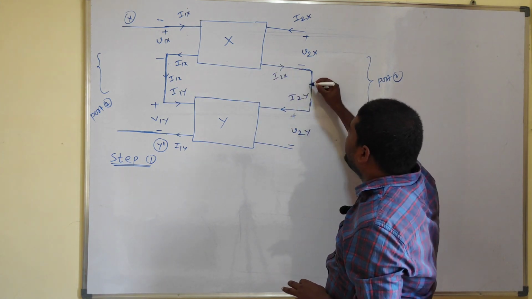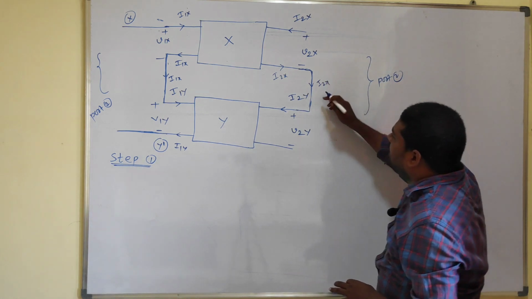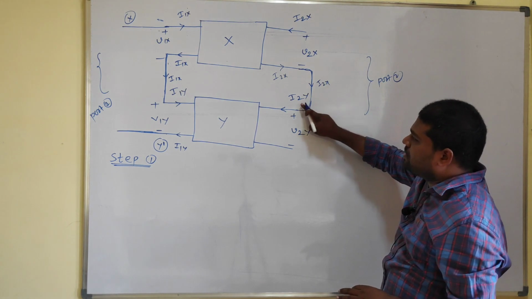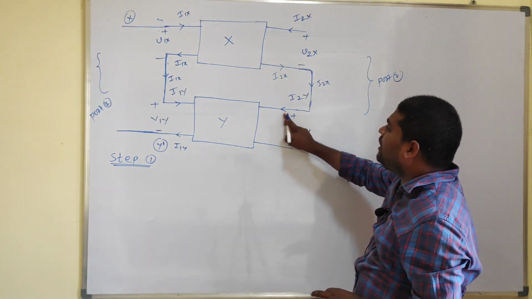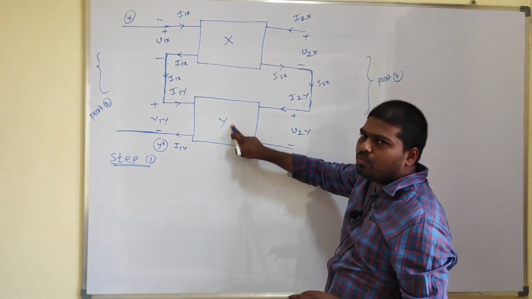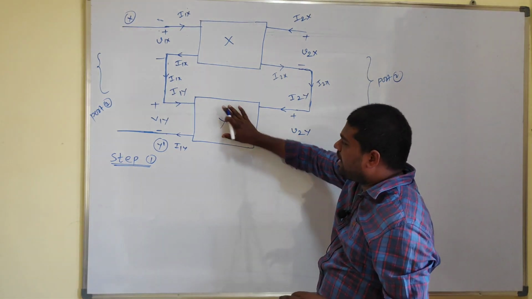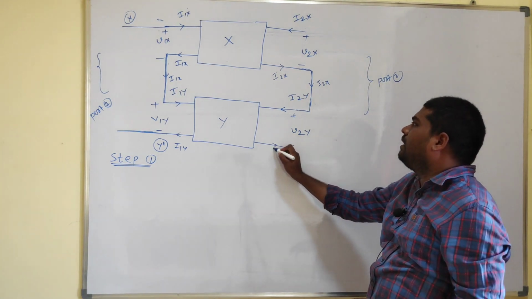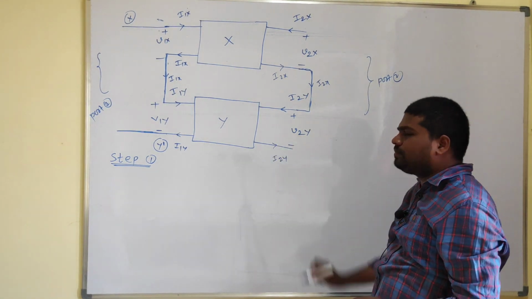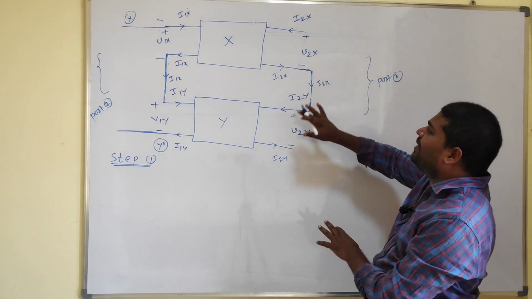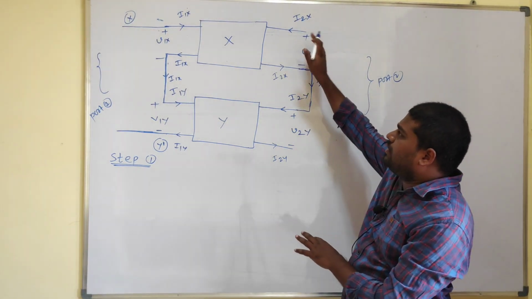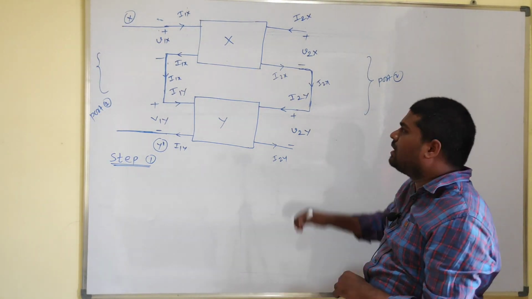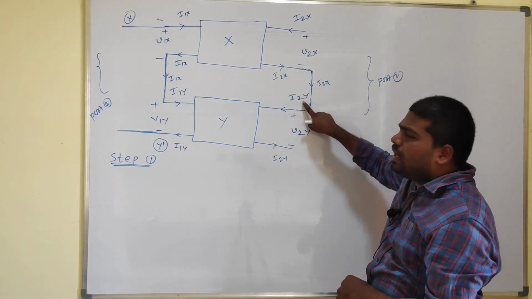Now here the current equals I2x, and the same current flows through the same branch, so I2x equals I2y. So I2y current enters the Y two-port network, and the same amount of current leaves from the Y two-port network, that is I2y. This entire path is a series path, so we can expect only a single current, I2x, that equals I2y.